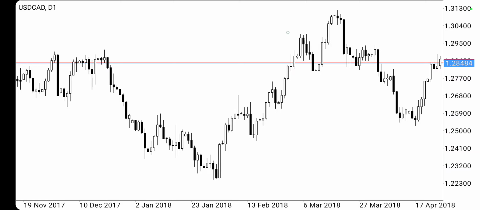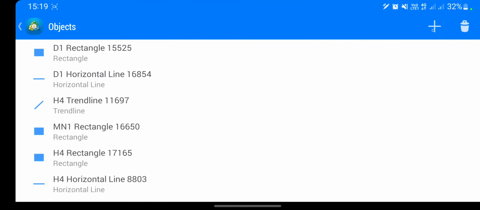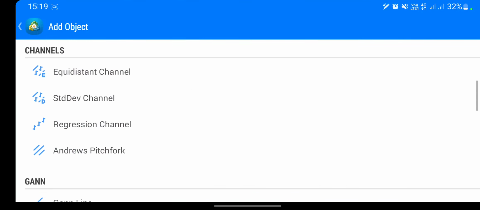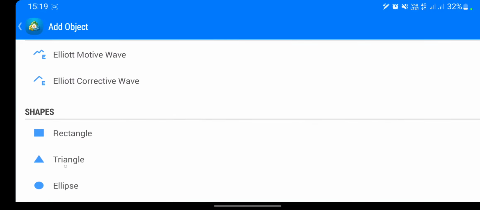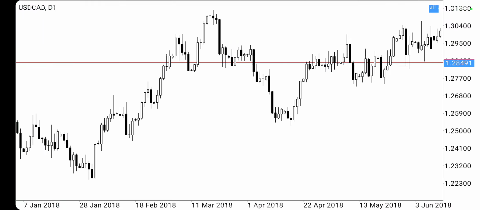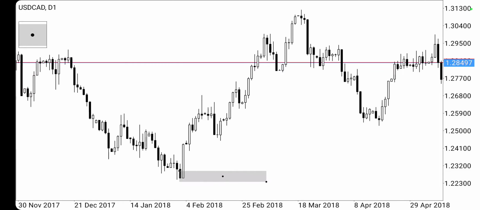All right, let's look at this level here, this one. This is the one that I'm going to use to demonstrate the first scenario. I look for the rectangle, which is at the bottom. There is my rectangle. This is what I'm going to use to mark my zone. Then I'll just mark it like that. That's my zone, not my level, but my area.